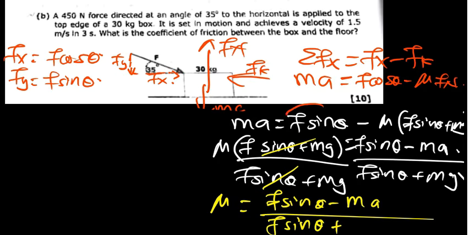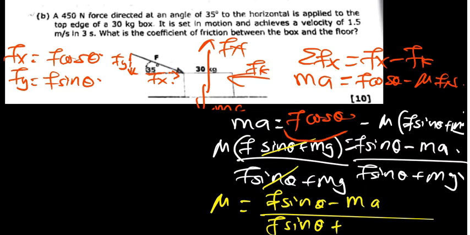This part here is supposed to be fx. So fx is f cos theta and not f sine theta. So here we need to put the fx, f cos theta. So now when I shift, this one is going to be f cos theta, this part here.